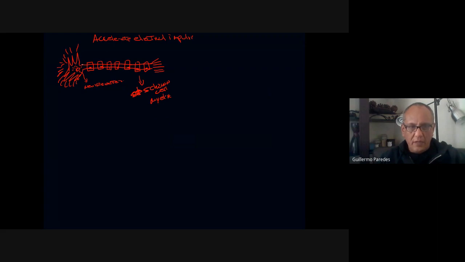Look at that. It is going to go in this way. It's what we call the saltatory impulse. So basically these Schwann cells are going to accelerate the electrical impulse.